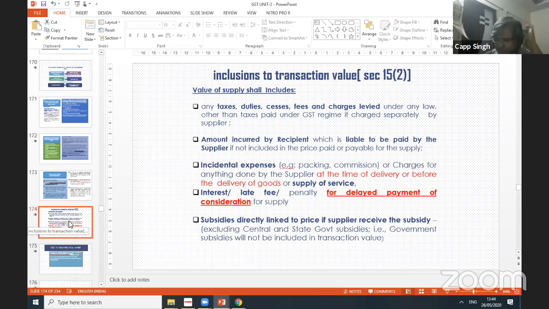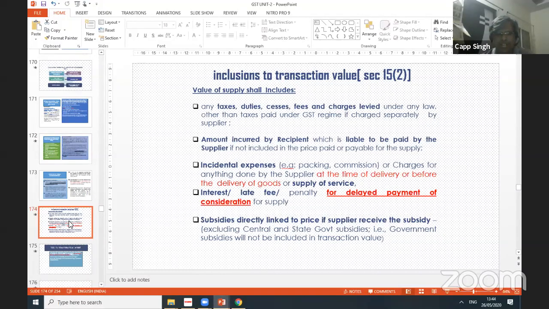Now the inclusion portion is that any taxes other than GST are to be included in the value of supply, and any amount incurred by the recipient which is liable to be paid by the supplier must also be included. We will consider this point in detail. Then incidental expenses like packing, commission charges, etc., at the time of or before delivery or supply of services, we must include.